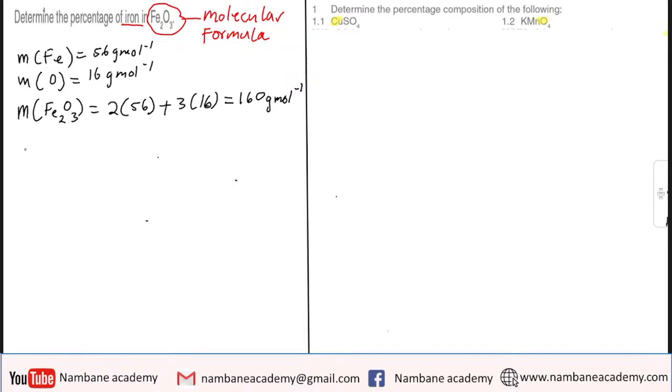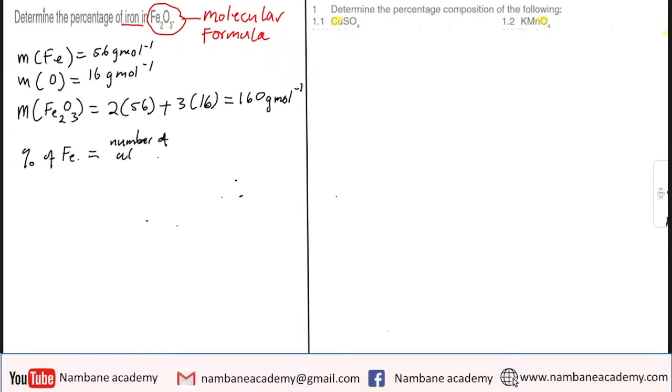Immediately thereafter, we go into the percentage purity formula. Not percentage purity, sorry, it's percentage composition. But now the element in this instance is percentage of iron. What does it say? It says now the number of atoms. Let me write it down for us to remember.